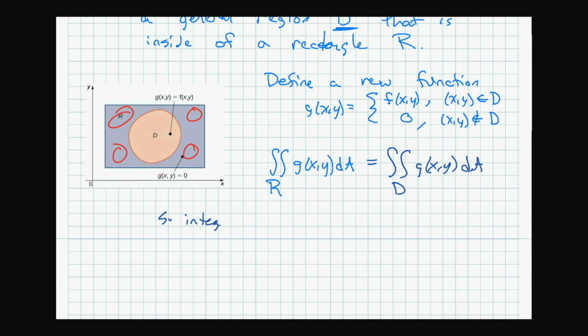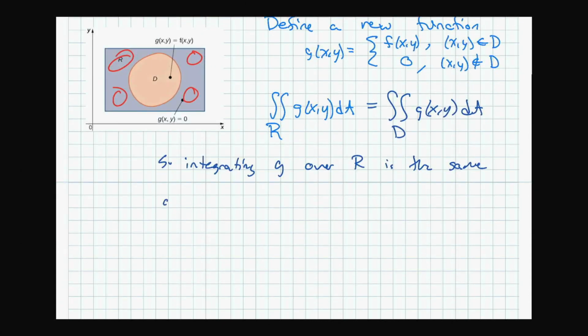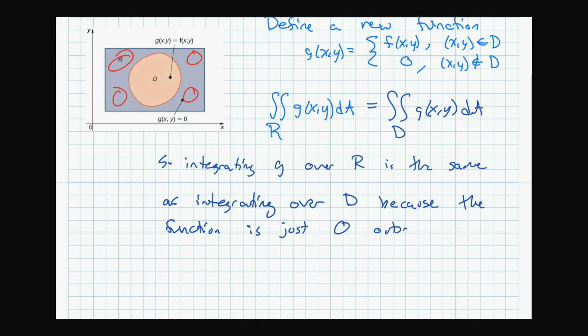So integrating G over R is the same as integrating over D, because the function G, the function you're integrating, is just 0 outside of D. So it doesn't matter if you integrate over this region, because since the function's 0, the integral's 0 there.